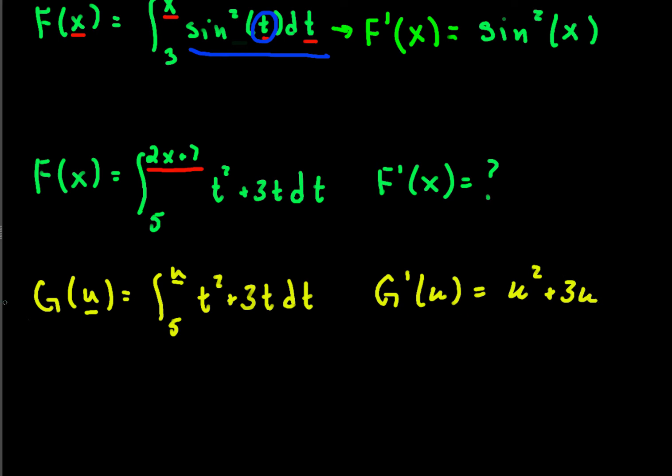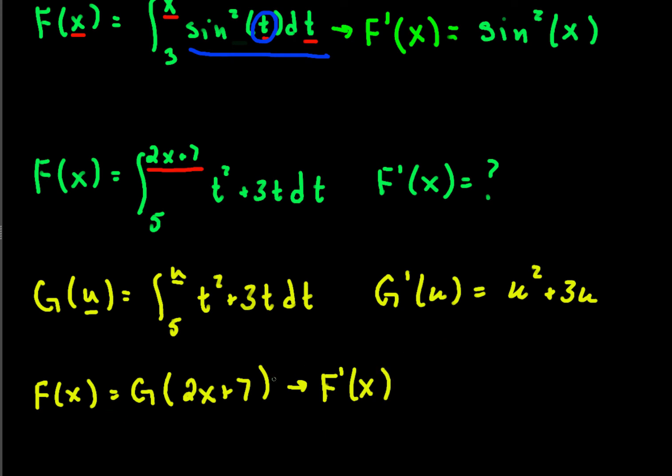Well, what is the relationship between g and f? Well, f of x is simply g of 2x plus 7. So then f prime, taking its derivative, it is a chain rule, right? I've got a function inside of a function.